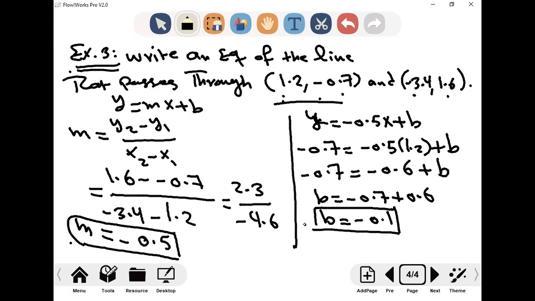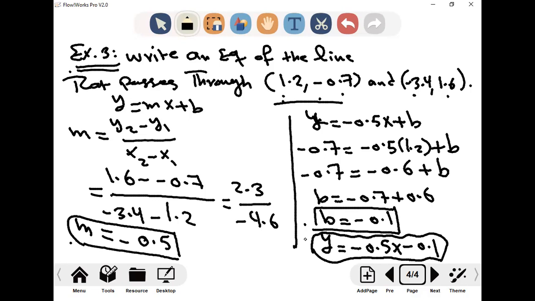Now we found b and m, right? Now the equation is ready. y equals mx, negative half x, plus b, which is plus negative 0.1, so minus 0.1. So how do we check our answer?